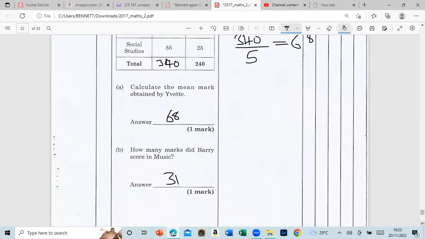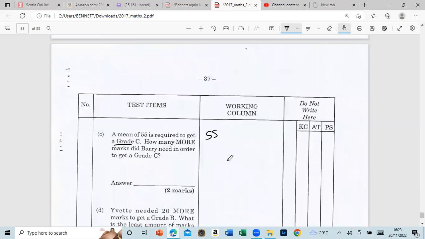So all we have to do is divide 240 by 5 and we get the current average. No, I did it wrong. Just multiply. So that'll be 55 times 5, the average of 55, right?